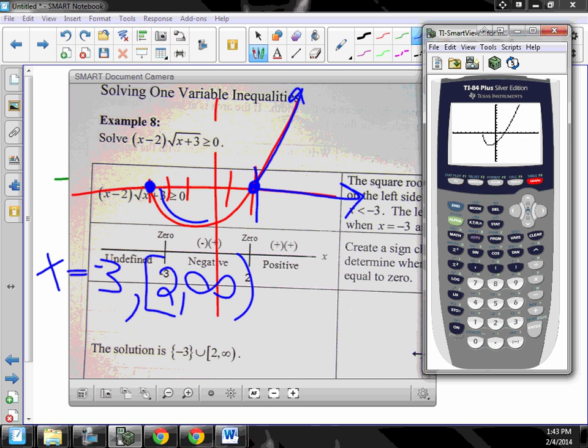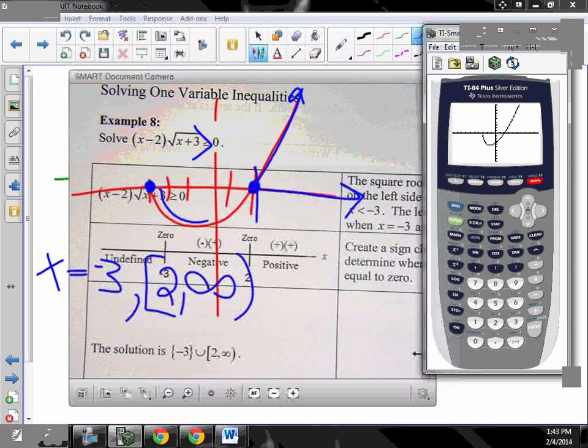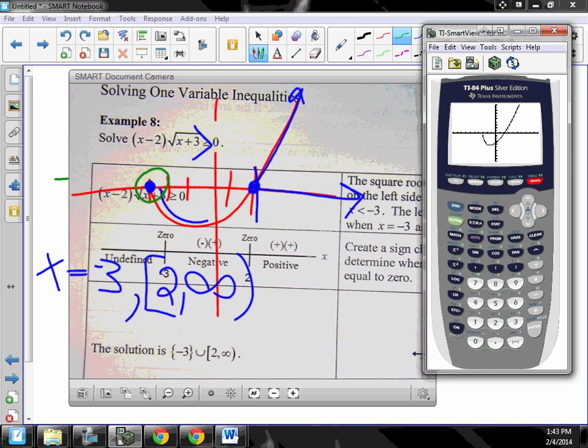What if I change this to be strictly greater than? How would that change the graph? So I would have an open circle on the left. What is a single point that's open? Nothing. Right.